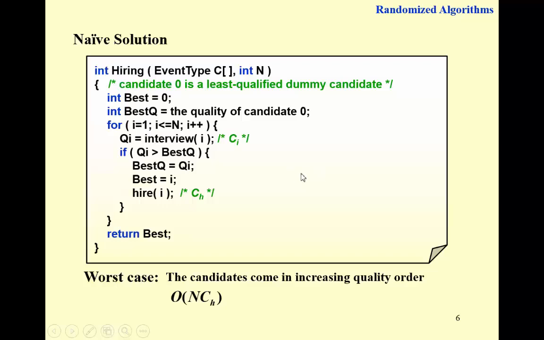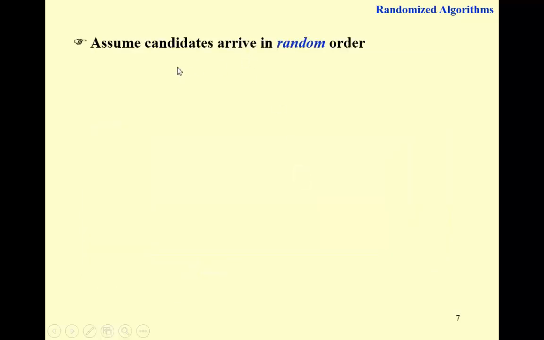Now let's check out what will happen if the candidates come in random order. The number of interviews is fixed to be n, right? So we concentrate on the number of hires only, and let's denote it to be x, the number of hires, and try to figure out the expected value of this x.